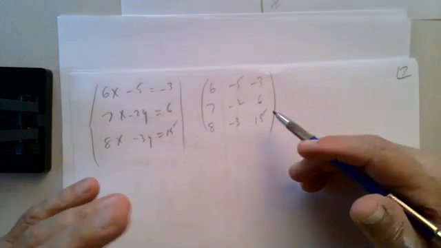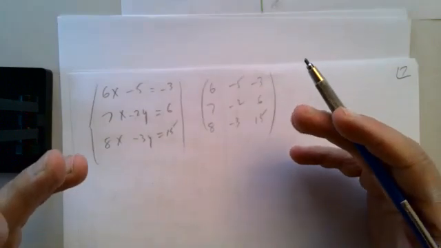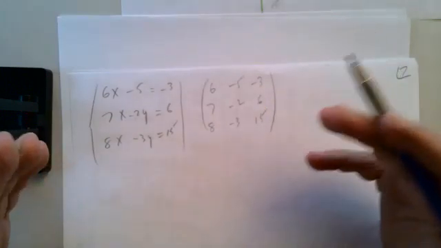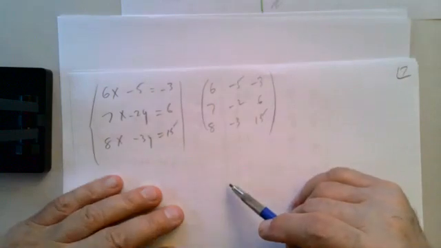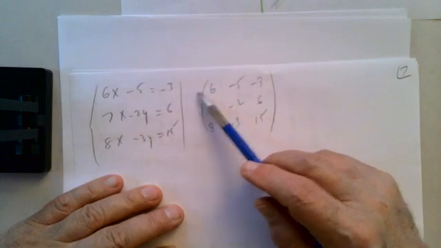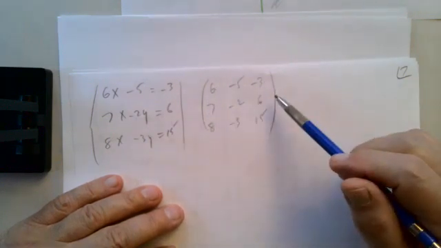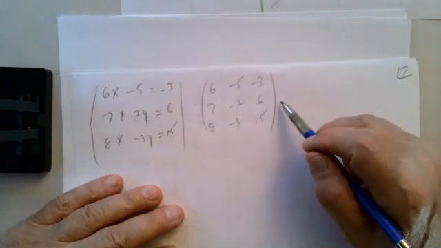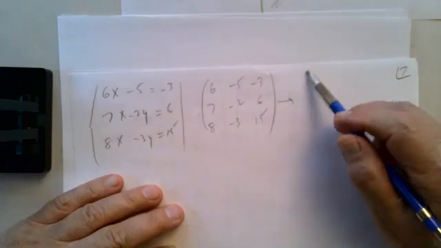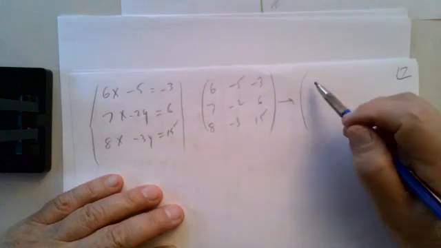And it's not like there's only one way to go about doing that. You pick a way that you like. So, for example, if I wanted a 1 here, I could multiply this by 1/6. But since I prefer to avoid fractions if I can, let me start by interchanging the first two rows.